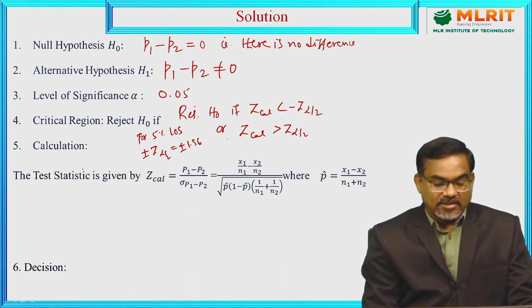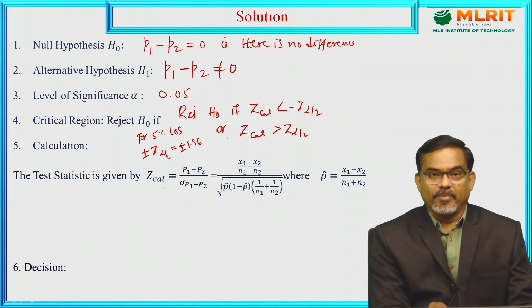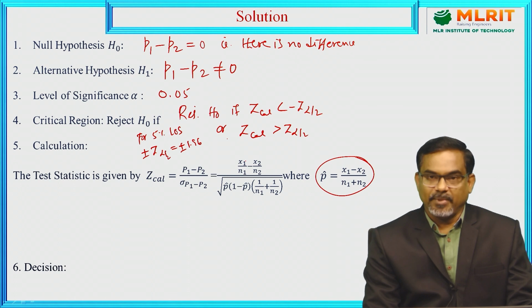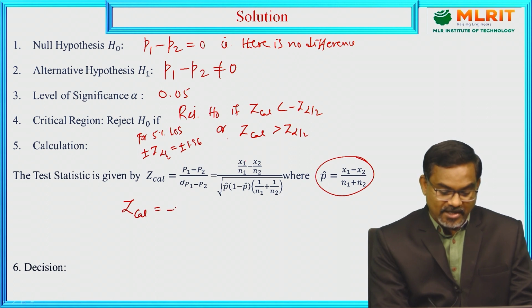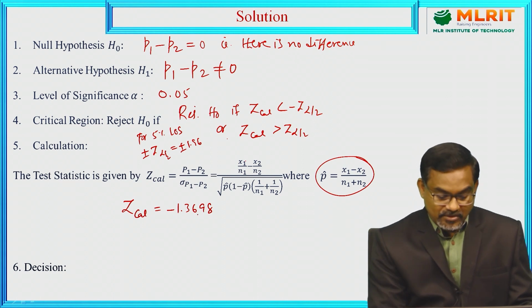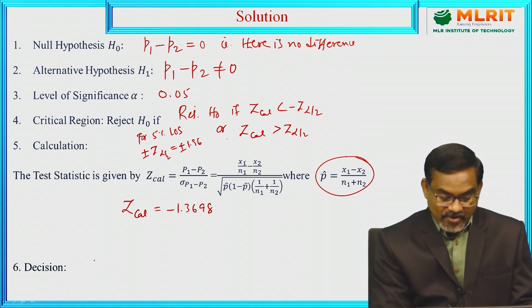and the test statistic is given by Z calculated equals P1 minus P2 by sigma of P1 minus P2. First calculate this P cap and then substitute. After substituting all these values, we get minus 1.3698. That means we got a negative value, so compare this negative value with the negative tabular value.